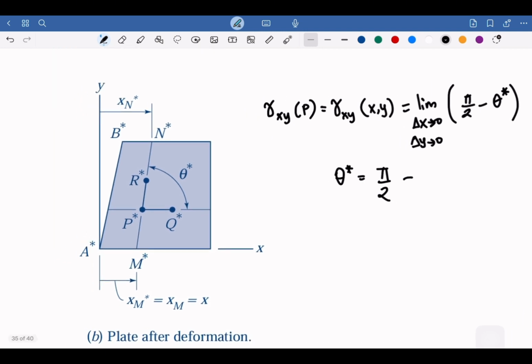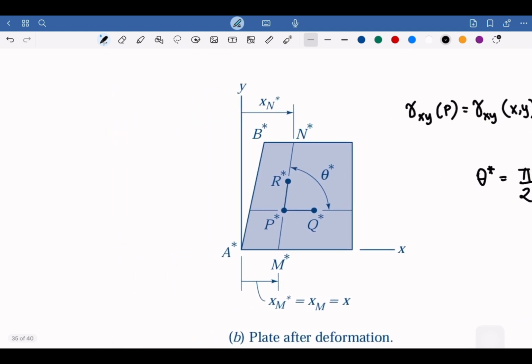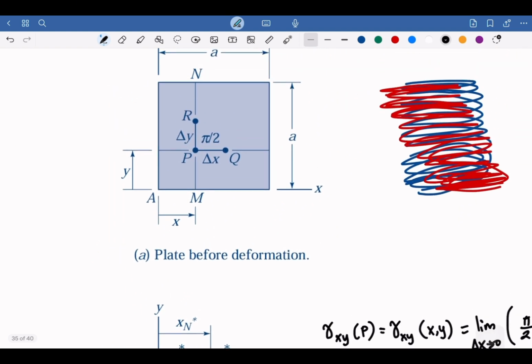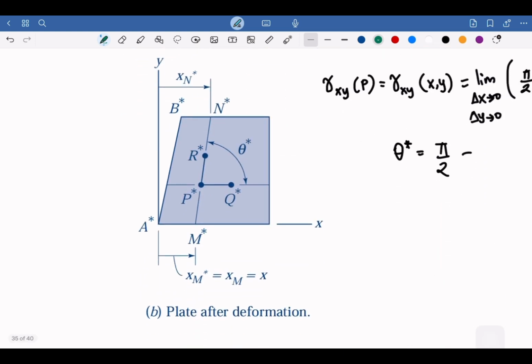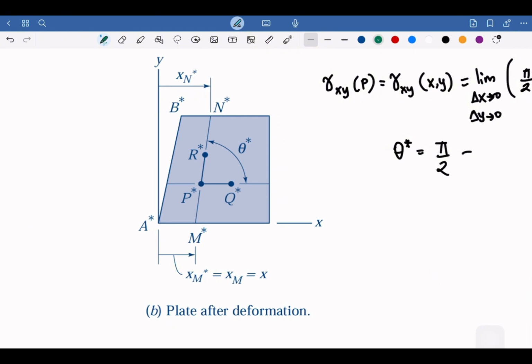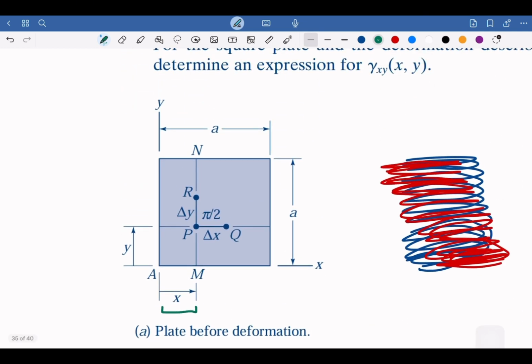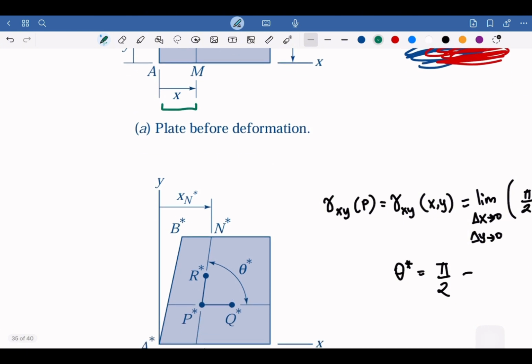okay. Now, the best way to describe it is by taking a point, for example M. This is the x distance from A to M, and assuming that it is the same distance for xm, we have another distance that we are going to take as xn asterisk.